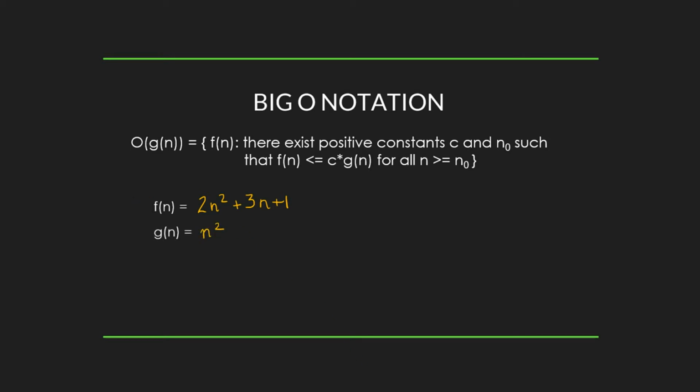If we use c as 2 plus 3 plus 1, that is 6, then f(n) will be less than or equal to 6n square for all n greater than or equal to 1. So, for c equal to 6 and n naught equal to 1, we can say that f(n) is an element of the set big O of n square.